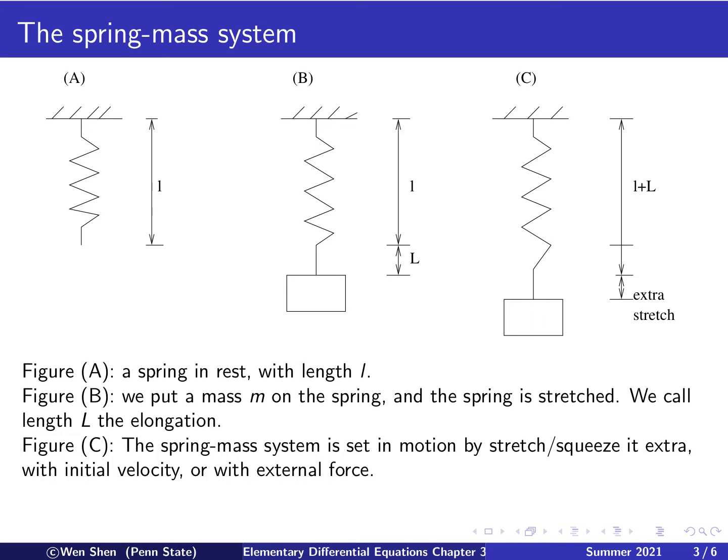Or we can even add external force in time to keep it in a certain motion as we desire. If you take a snapshot of the system at a certain time when it's not in equilibrium, it would have, for example, an extra stretch, which is depicted here. So it's moved away from the equilibrium. The amount it moves away is the extra stretch.